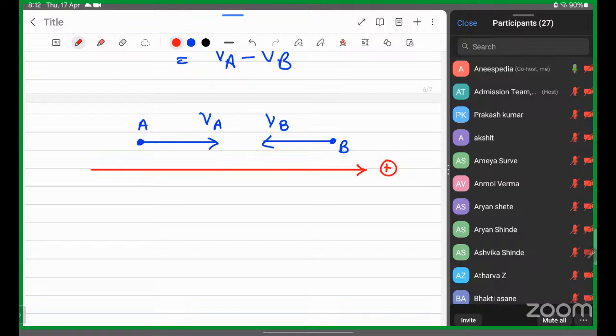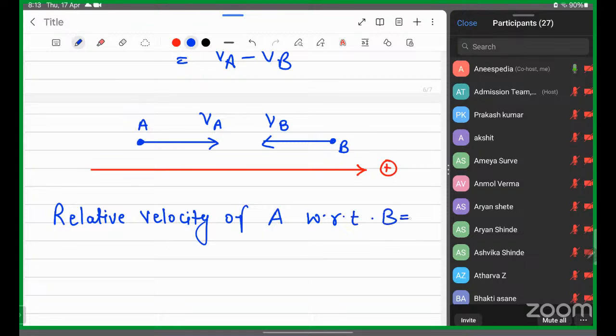So the velocity of object A is in positive direction, and the velocity of object B is in negative direction. And let's say I want to find out relative velocity of object A with respect to object B, which will be written as VAB.